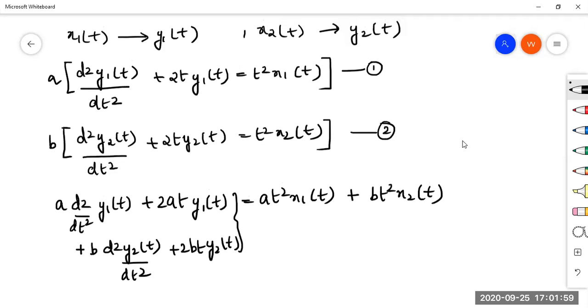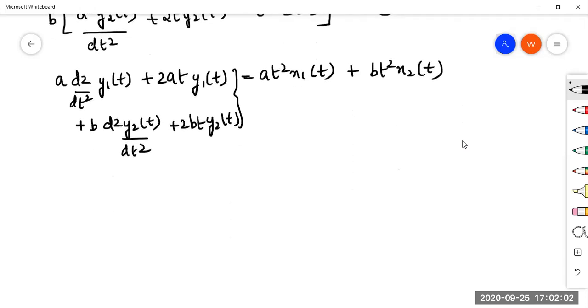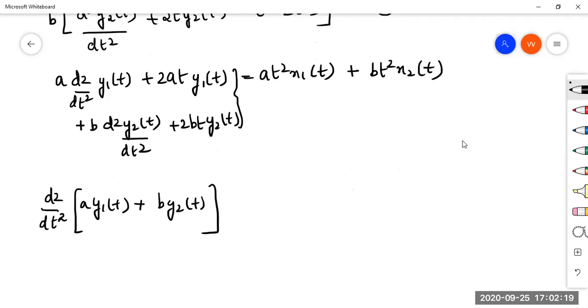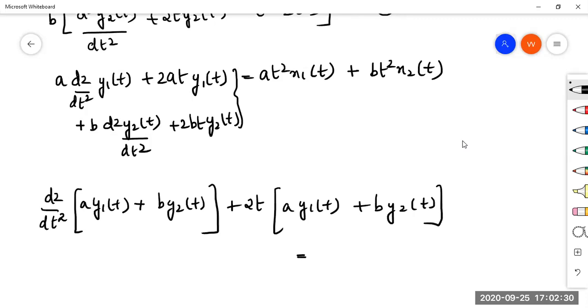Now when you rearrange this equation, you can take the d square by dt square term as common. So when you take d square by dt square common, this equation becomes a y1 of t plus b y2 of t, plus 2t times a y1 of t plus b y2 of t, is equal to what? t square into a x1 of t plus b x2 of t.